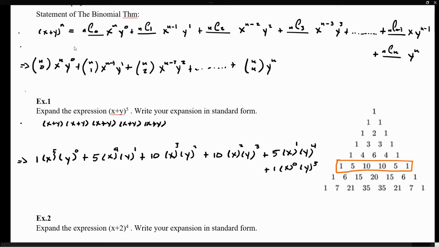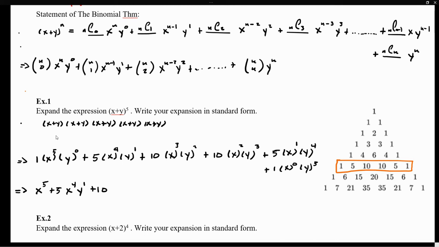And this is it. If we were to expand this whole expression, if we were to multiply the same expression 5 times, that's equivalent to this big expression right here. Let's just clean it up. So the first term is just x to the 5th, because y to the 0 is 1, multiplied by 1 is just x to the 5th. So now my next term is going to be 5, x to the 4th, y to the 1st.